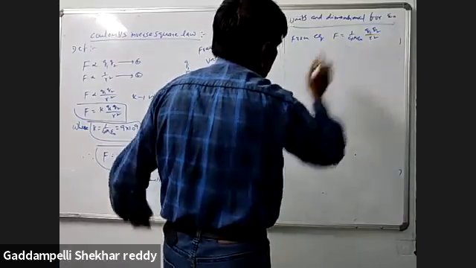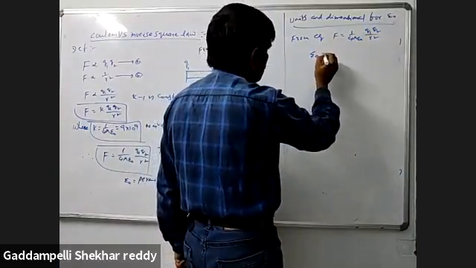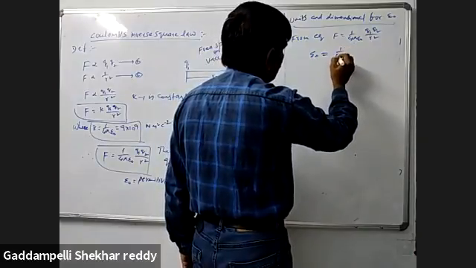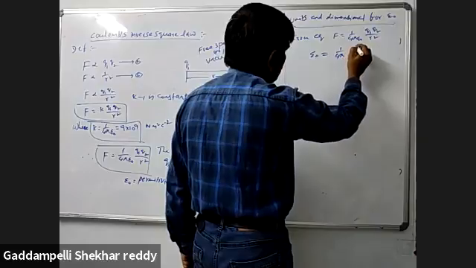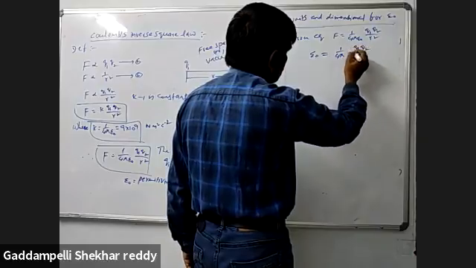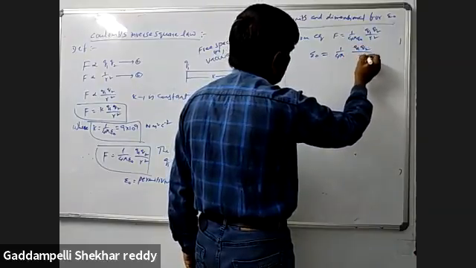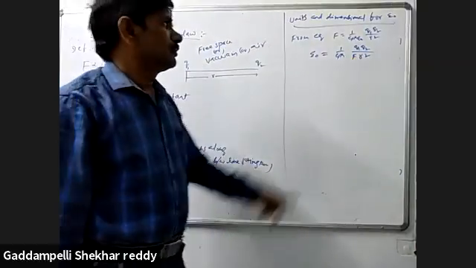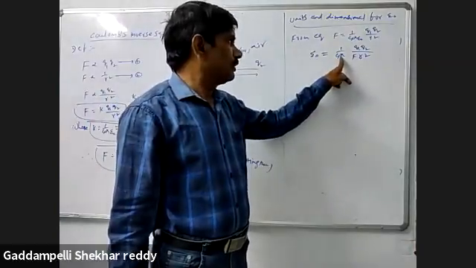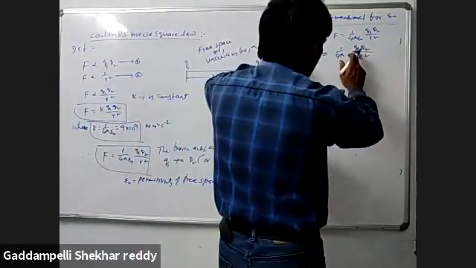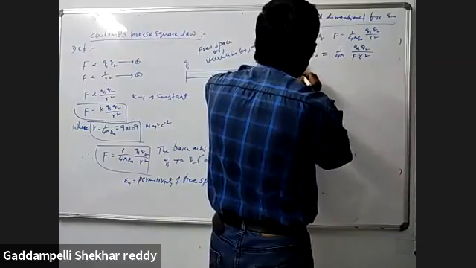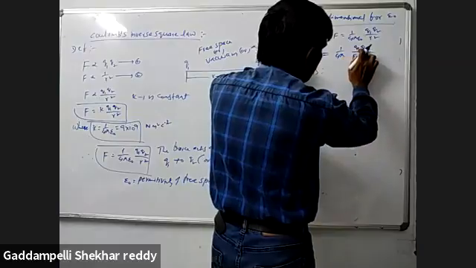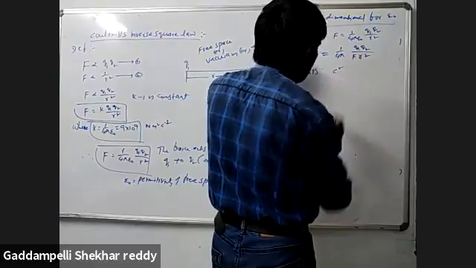Our requirement is epsilon naught. Epsilon naught is equal to 1 by 4 pi epsilon Q1 Q2 by F R square. This is a constant value, there are no units. Units: Q1 is Coulomb, Q2 is Coulomb, that means Coulomb square.